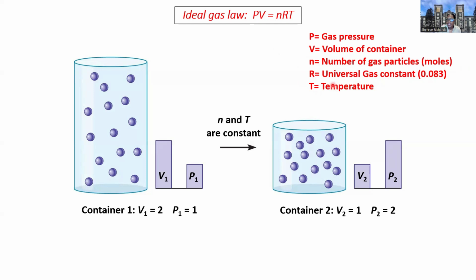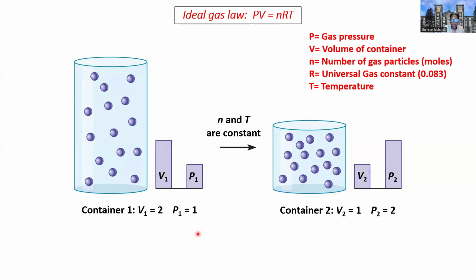So in this ideal gas law, PV equals nRT. The n is usually constant, at least it is in our scenario here. The R is a universal constant, and then the T, the temperature, is also constant in this instance. So the pressure and the volume are the two variables that are moving.